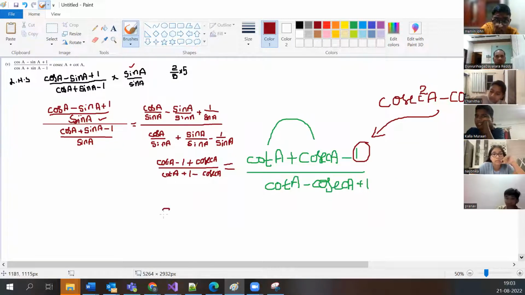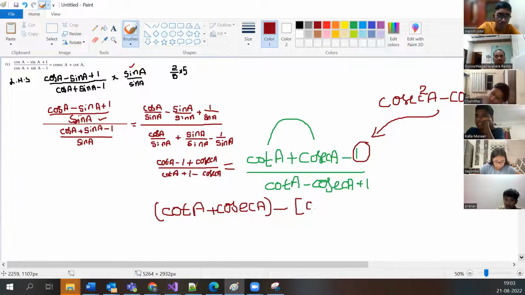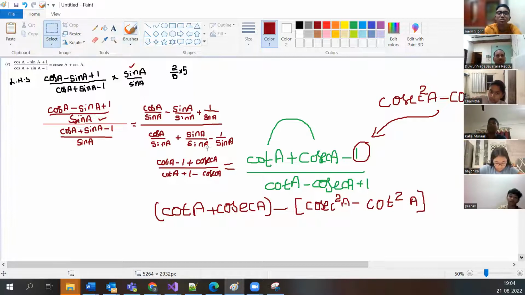So cot A plus cosecant A as it is, you keep this as one term, minus that 1, which is nothing but cosecant square A minus cot square A. And the denominator you keep as it is, don't change anything. From now onwards, nothing to do with trigonometry formulas.